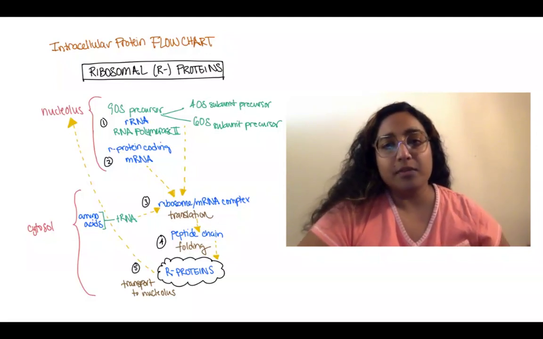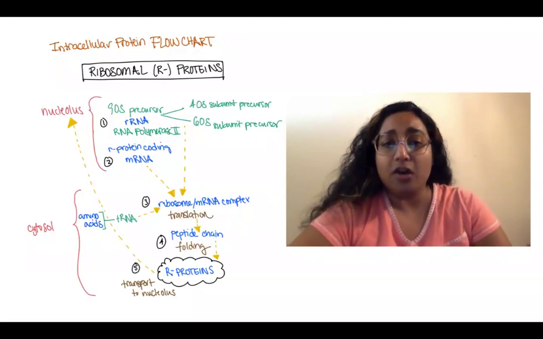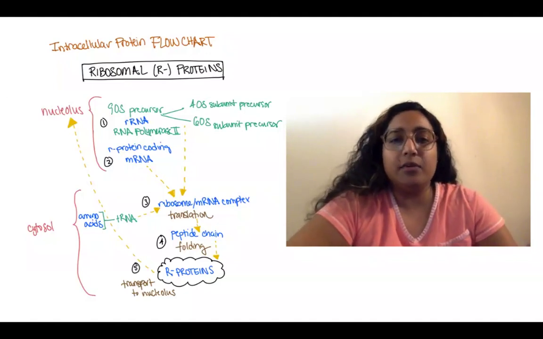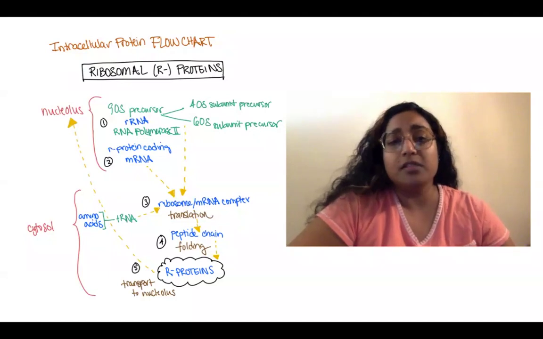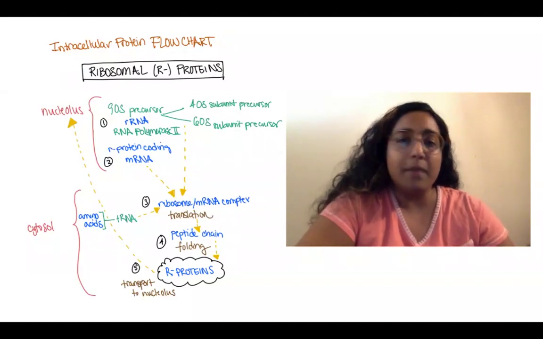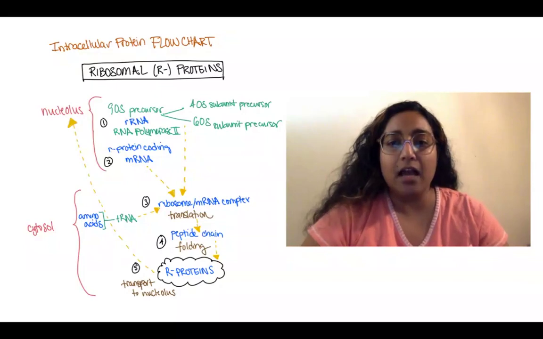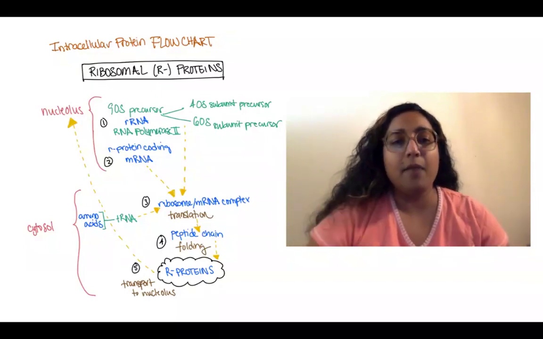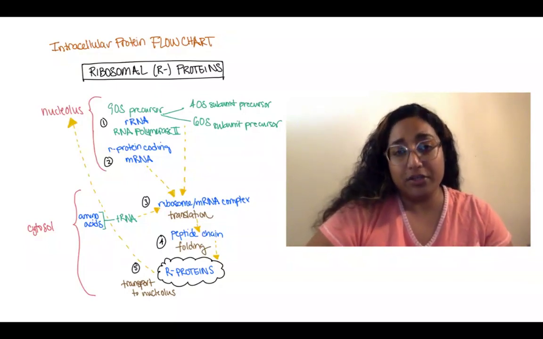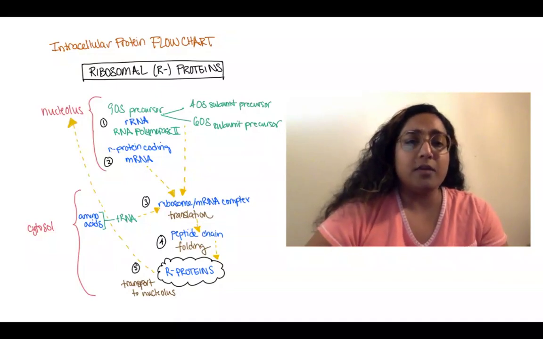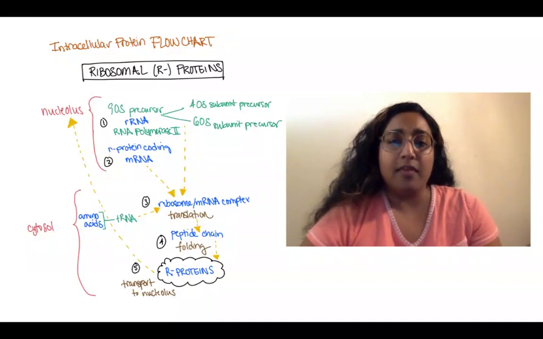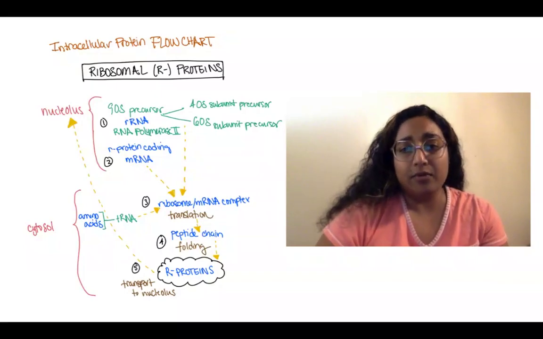The 40S subunit is made up of 47 distinct R proteins, while the 60S subunit consists of 33 of those proteins. The majority of R proteins are produced in the cytoplasm by translation of mRNAs transcribed in the nucleus by RNA polymerase II. mRNA that codes for R proteins engages with existing 40S ribosomal subunits in the cytoplasm, and then they recruit a 60S subunit.